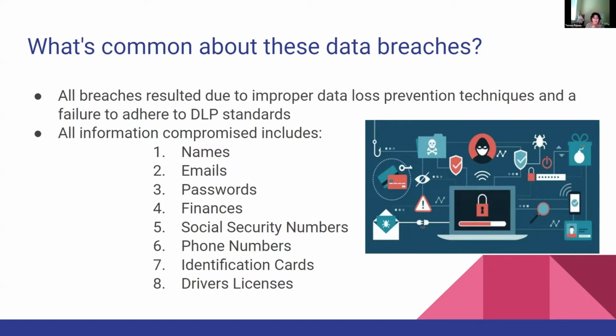All the information that is compromised in these data breaches includes people's names, emails, passwords, finances, as in what they make on the internet, their bank information, even their social security numbers, their phone numbers, their identification cards, and driver licenses. Basically any form of legitimate identification that can be used maliciously is compromised in these data breaches.